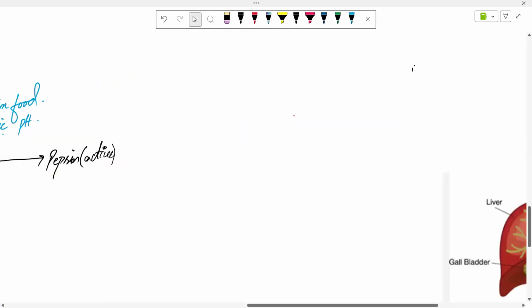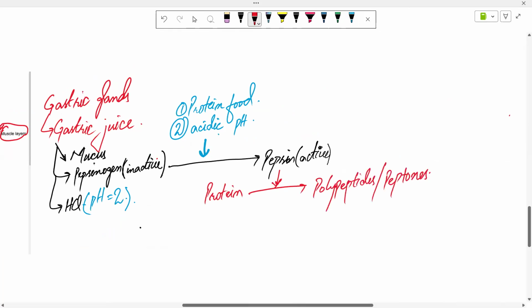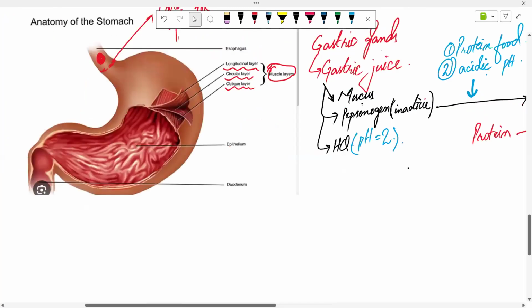Now, what is the function of pepsin? Pepsin is the enzyme which converts the protein into polypeptides and peptones. Now, when food enters the stomach, it is called bolus.